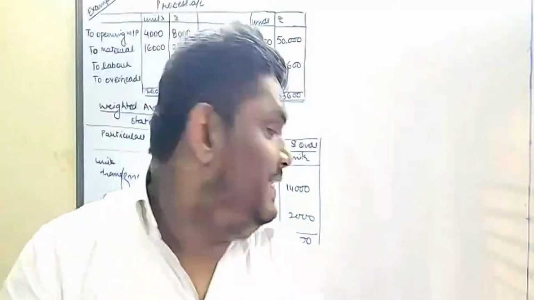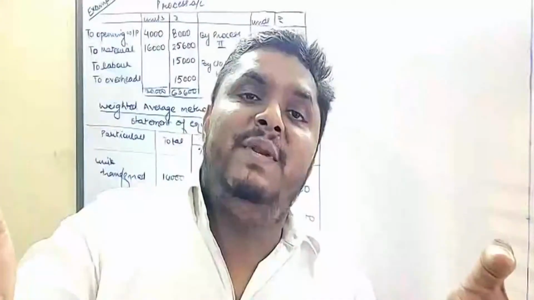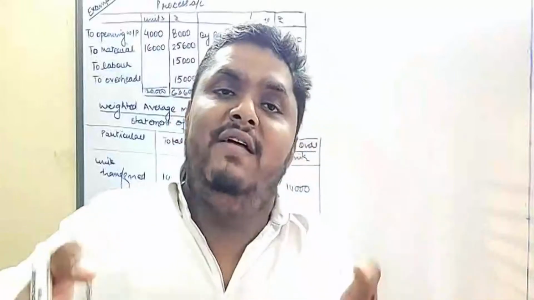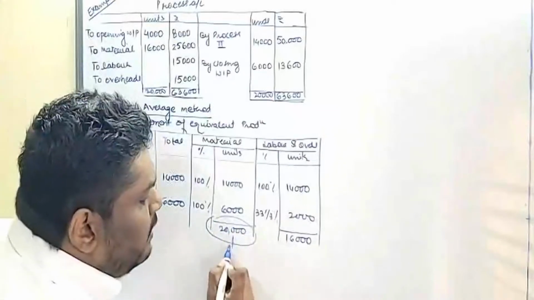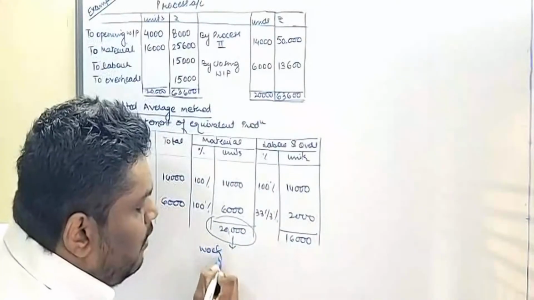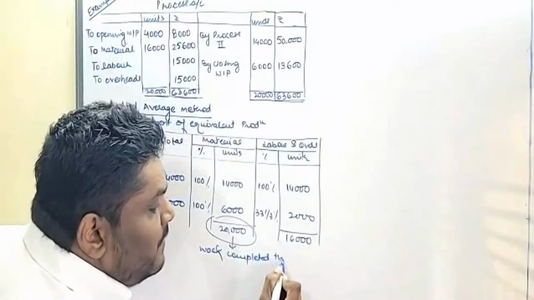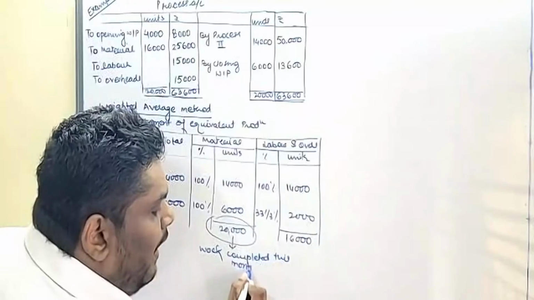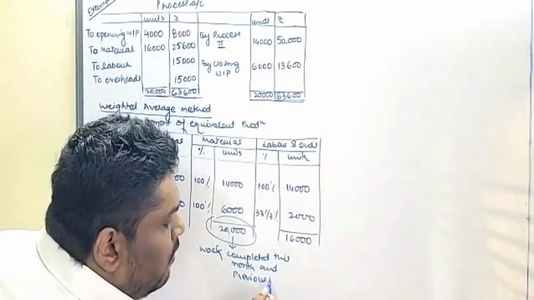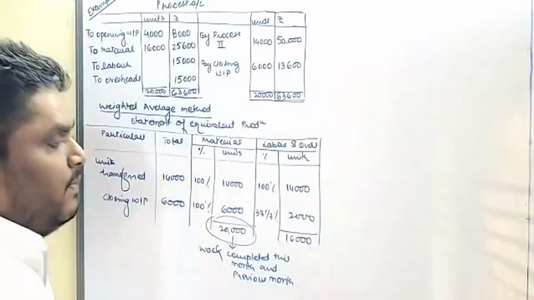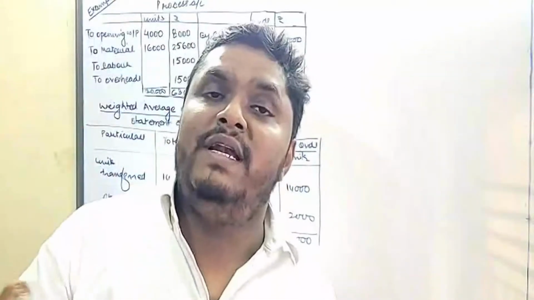Now, what is this 20,000 and 16,000? It means the work that is completed in the previous month and the work that has been completed this month.